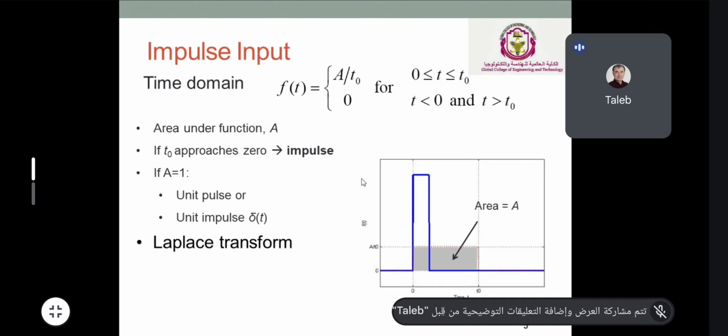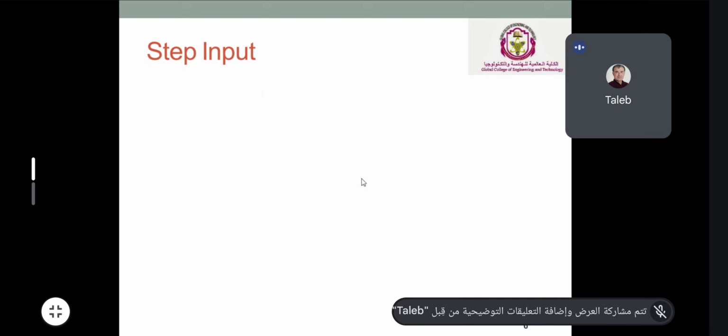We'll see how complicated it is if we go through the time domain. So Laplace domain is very easy to analyze. What is the Laplace transform of this impulse input? When we find this, then we just multiply it with the transfer function to find the value of output. Here you see the Laplace transform for this impulse input is simply A.